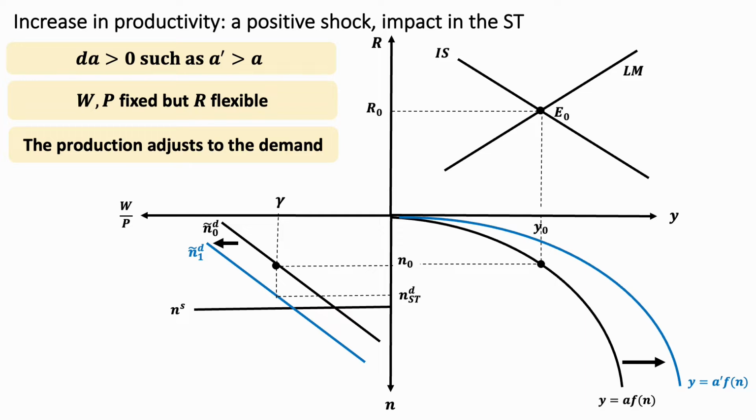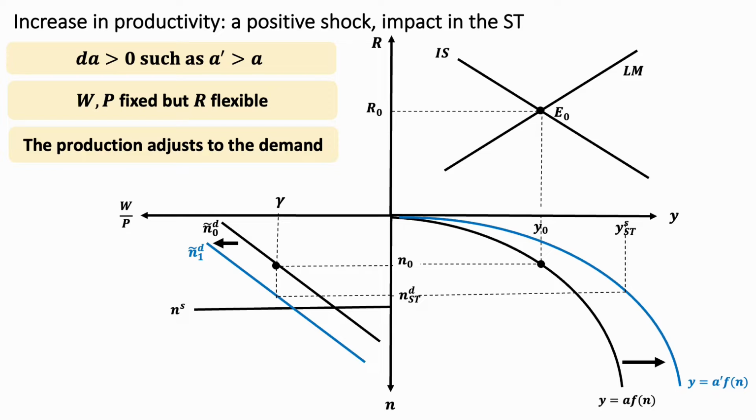This level of labor demand is, of course, the labor demand of a firm that is not constrained by the effective demand. To this level of labor demand corresponds a supply of goods, YS short term, determined through the new technical constraints obtained after the shock. This YS is higher than the initial level of production in the economy.